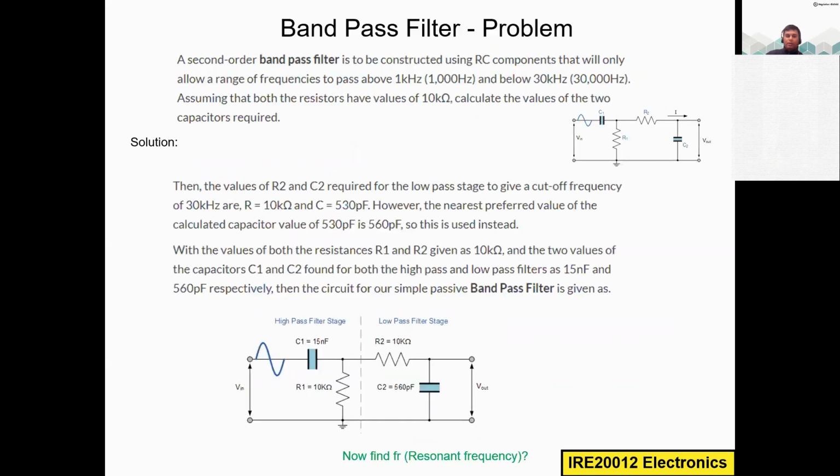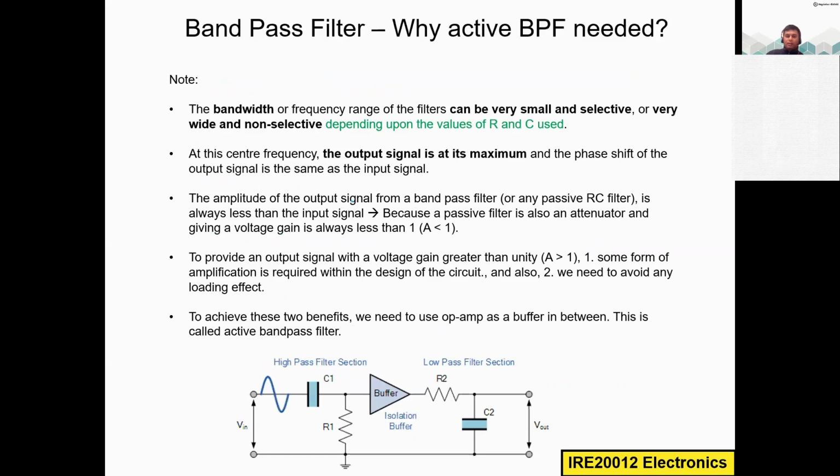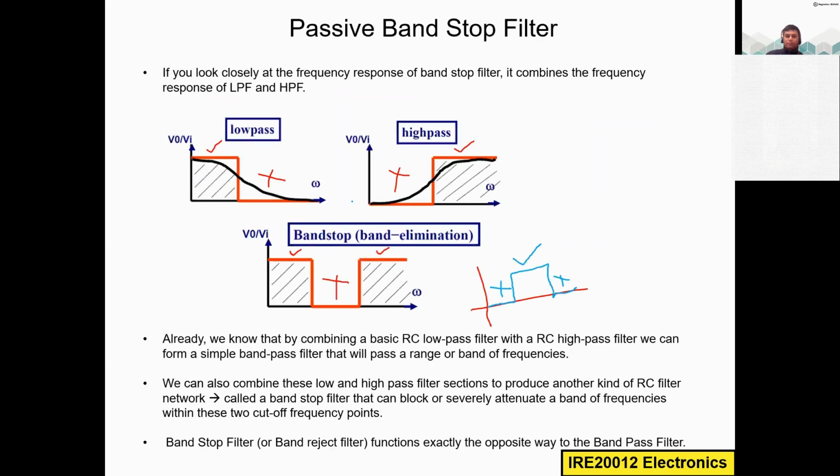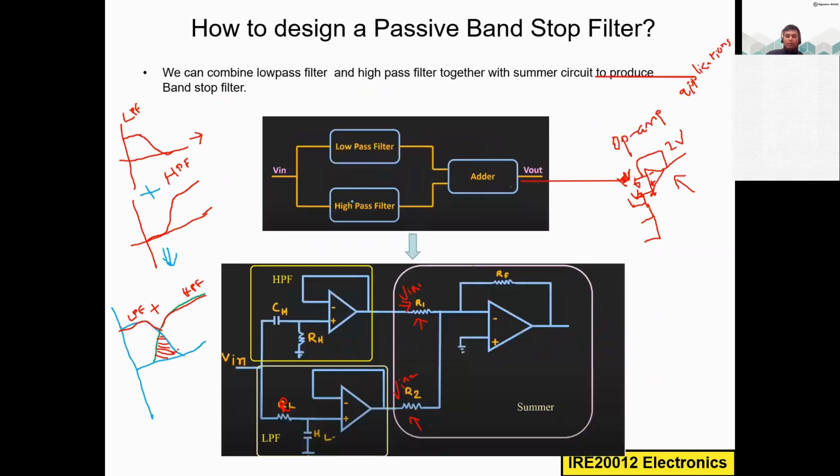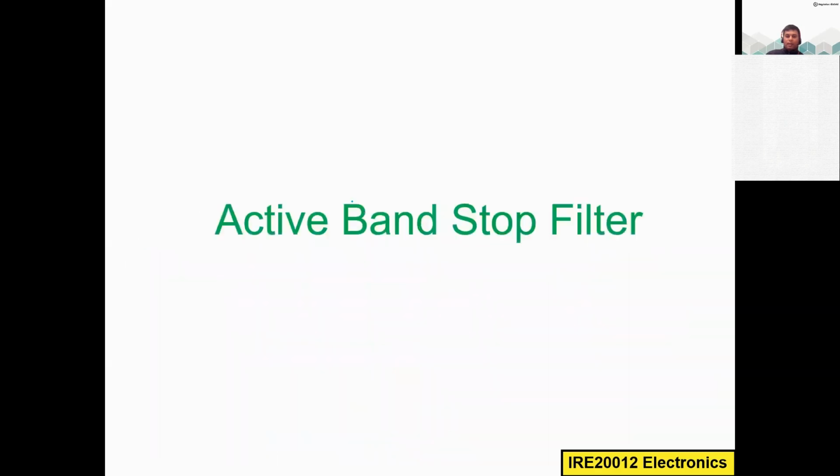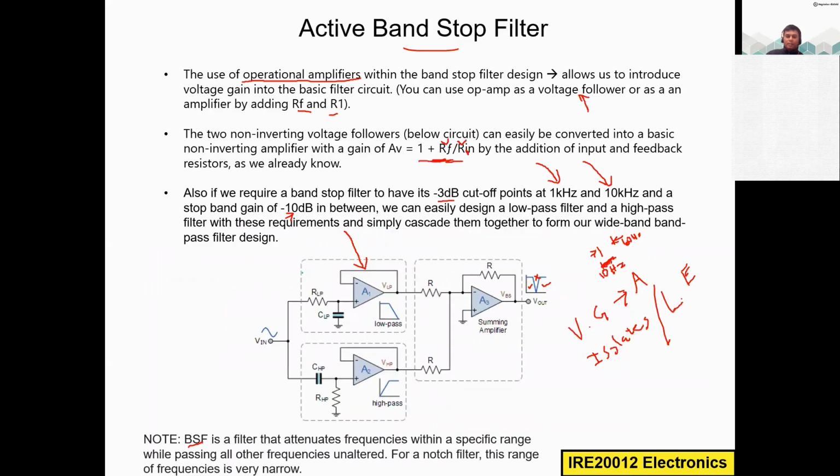And band stop filter is the same. So you are adding this low pass filter. You have the resistor and capacitor getting the output across this capacitor, but we are using an amplifier and we are getting the final output from the output of this operational amplifier.